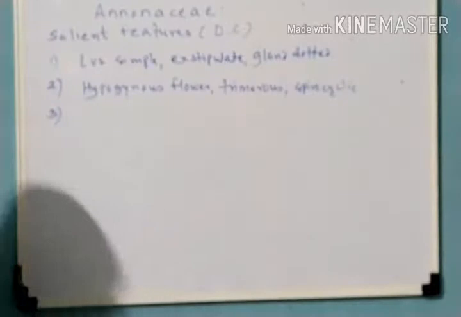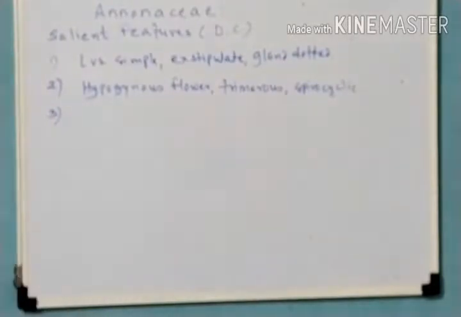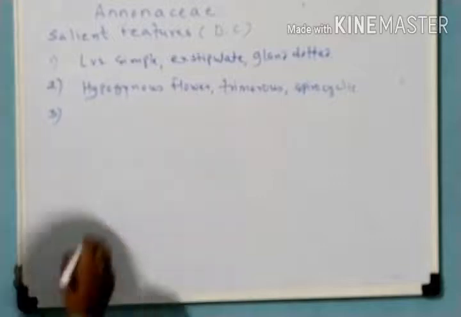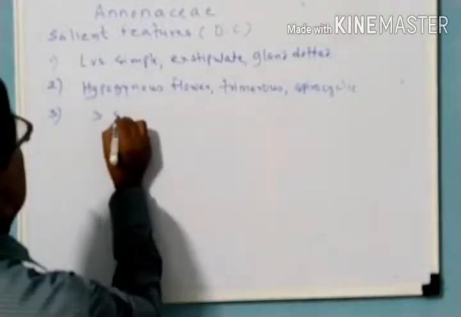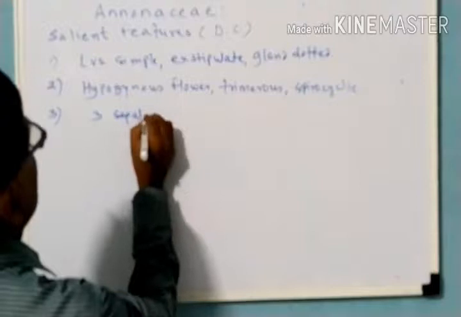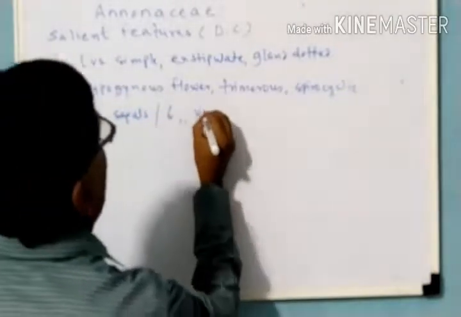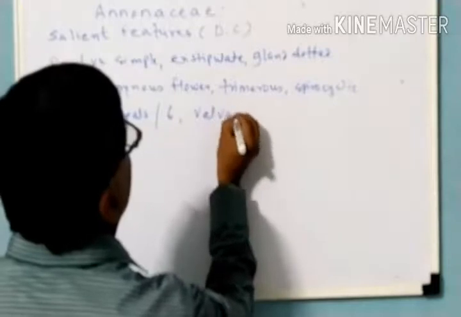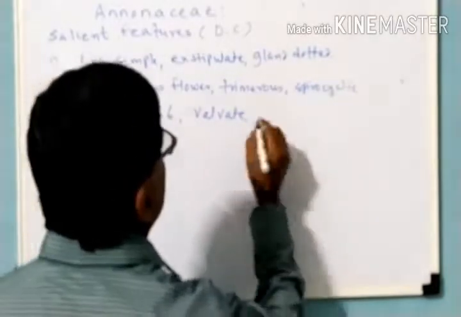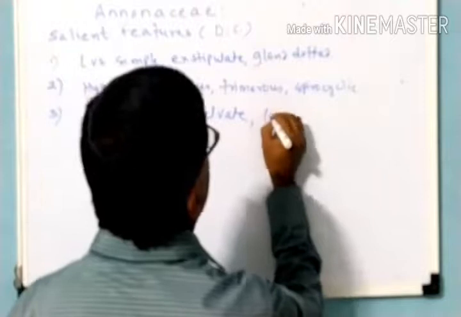The third distinguishing character of this particular family is there are 3 sepals, sometimes they may be 6, the aestivation is valvate, and they are persistent.